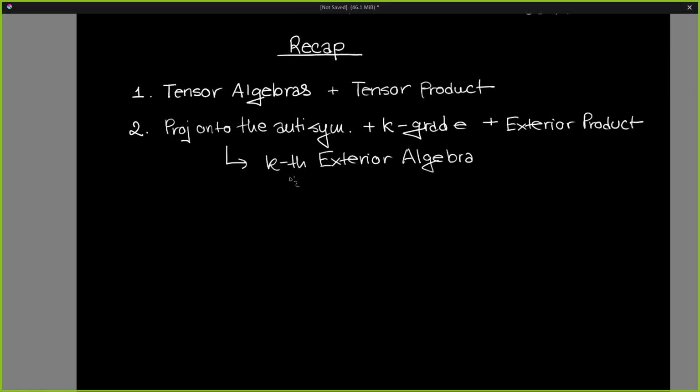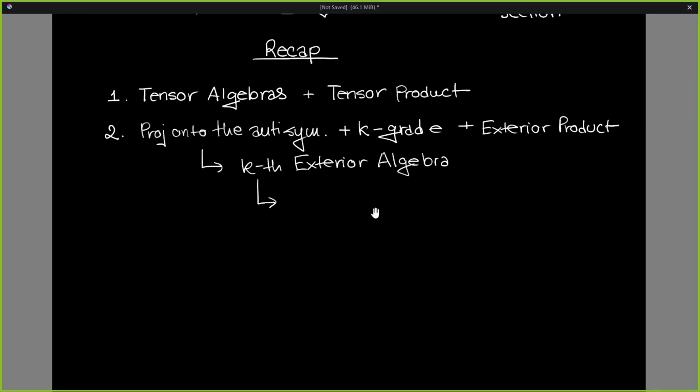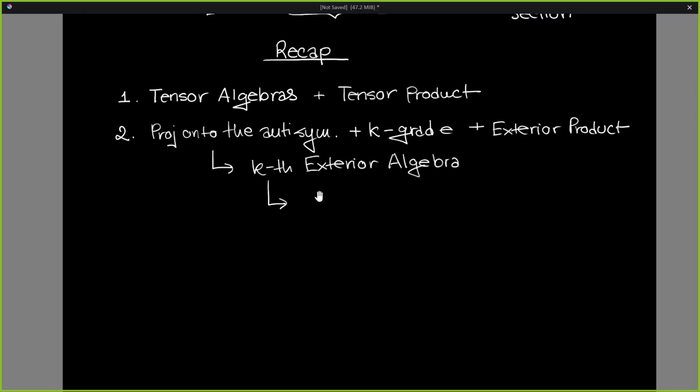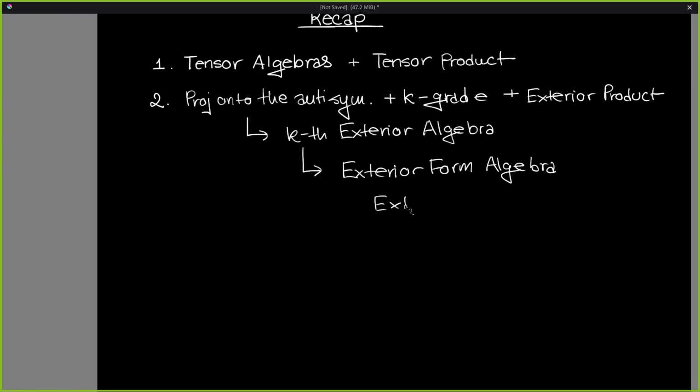And if we merge all of the kth exterior algebras up to the dimension of the space, then we get just the exterior form algebra. And here we get this idea of exterior k-forms.